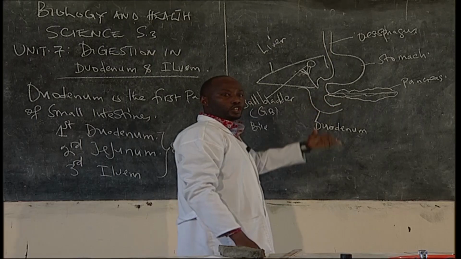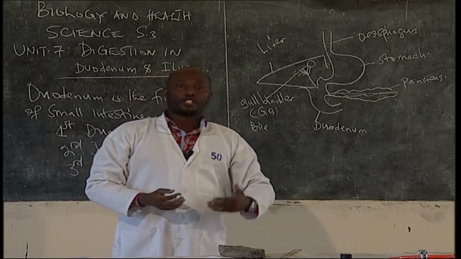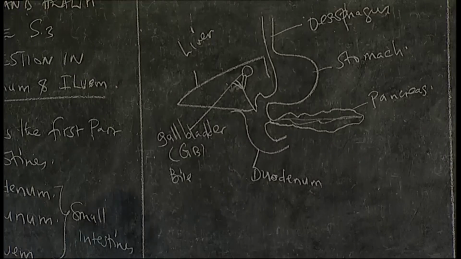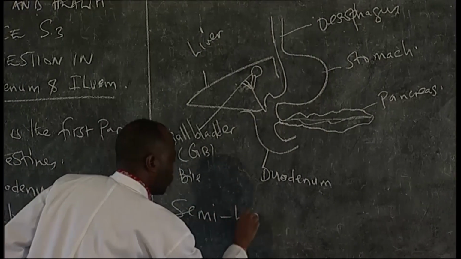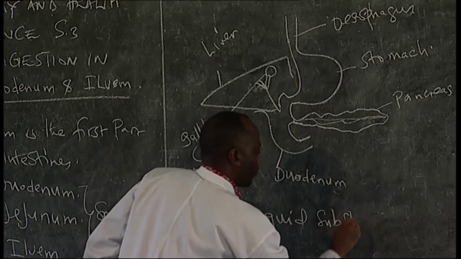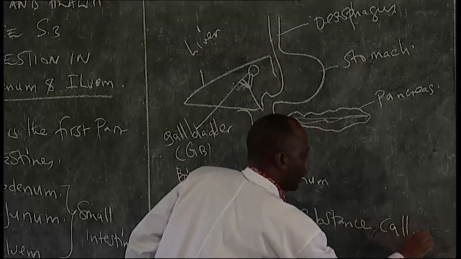So what does the duodenum do? After the food is churned, it is changed into a semi-liquid substance, greenish in color, called chyme.